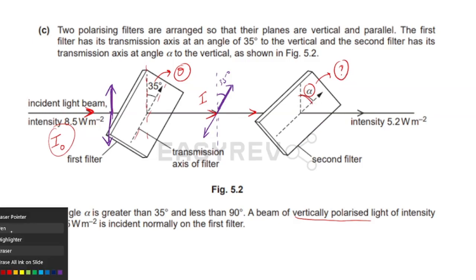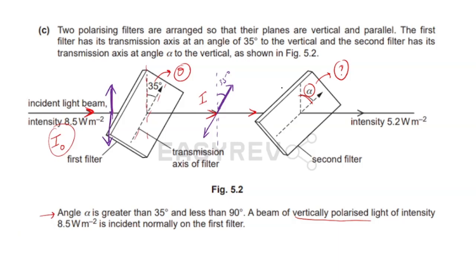So over here, with that further tilt of alpha, which is greater than 35, this intensity of light I is going to enter here like so. Let me draw it a bit more carefully.